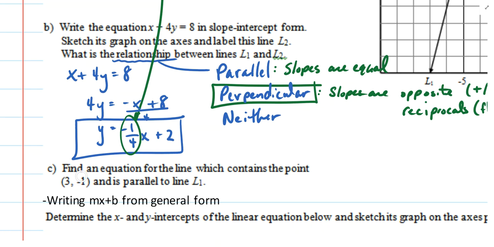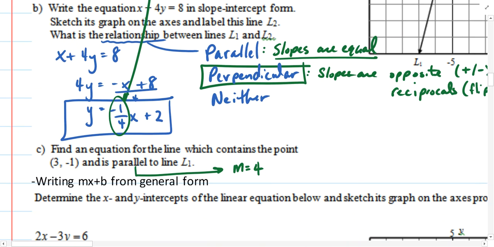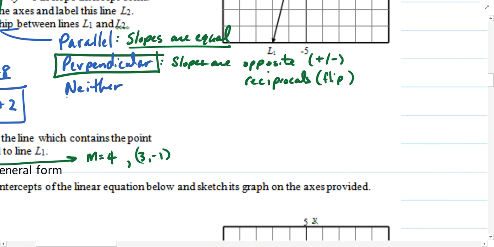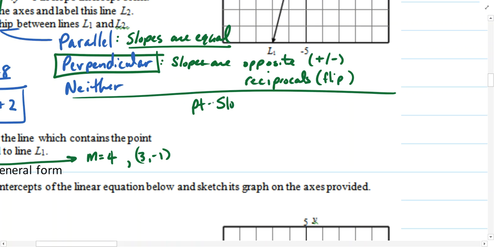Now for part C, find an equation for the line which contains this point and is parallel to L1. Well, if we're parallel to L1, just as we had mentioned a minute ago, the slopes must be equal. So in this new line, the slope must be 4, because that's the same as the original slope, and it must contain the point 3, negative 1. In order to write an equation for this, we would probably consider the point-slope formula.